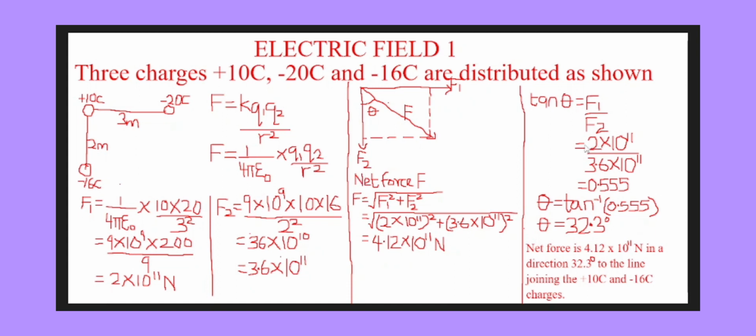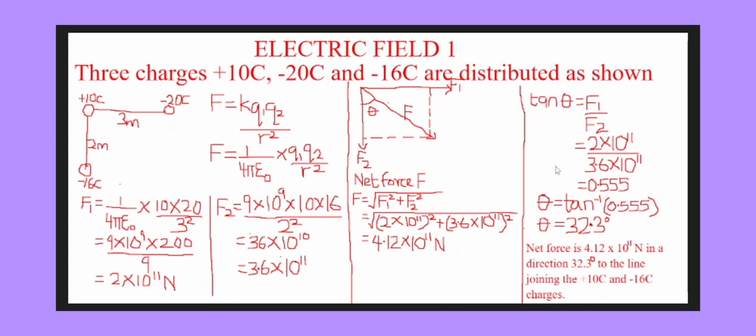The value of my F1 is 2 times 10 raised to power 11 from here, and the value of my F2 is 3.6 times 10 raised to power 11 gotten from here. Dividing appropriately will give me 0.555.